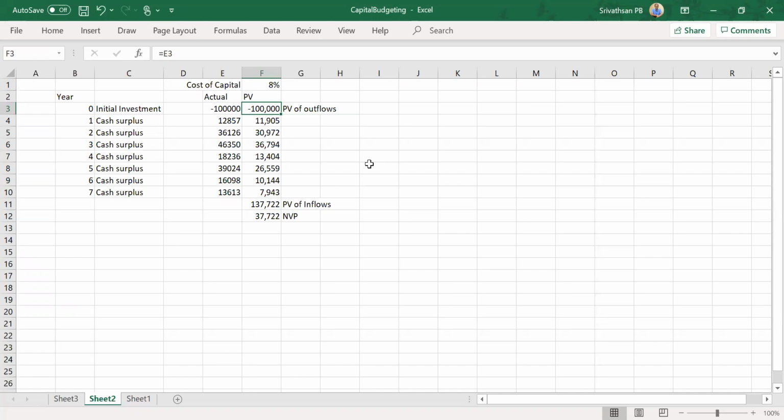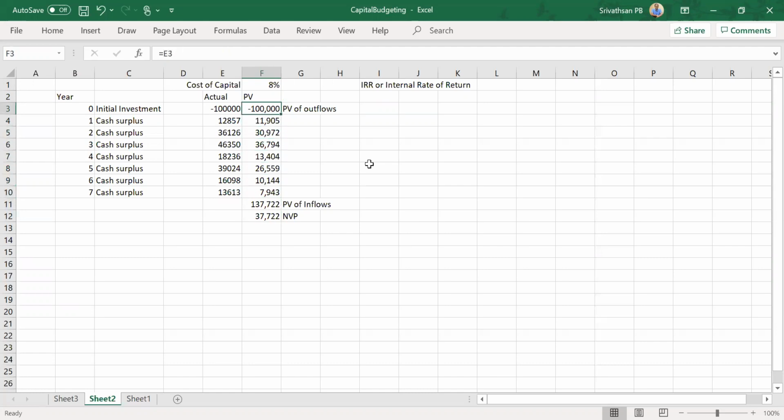Now, moving on to the next concept, which is your IRR, or internal rate of return. So we saw that at 8%, we have a positive net present value of 37,722.